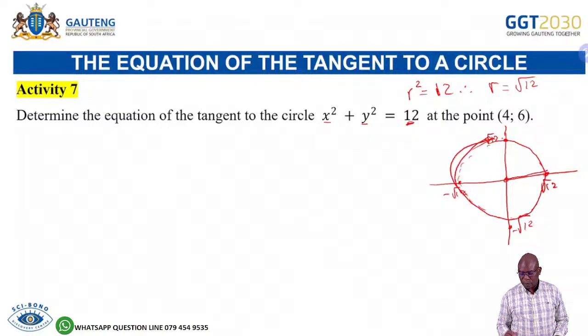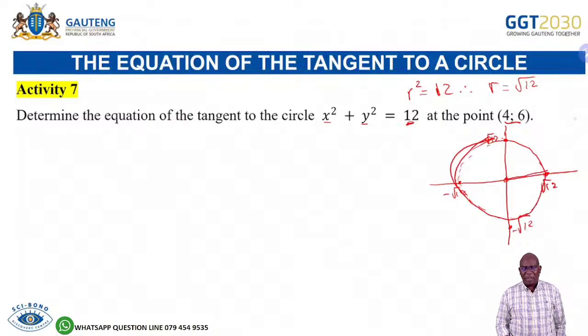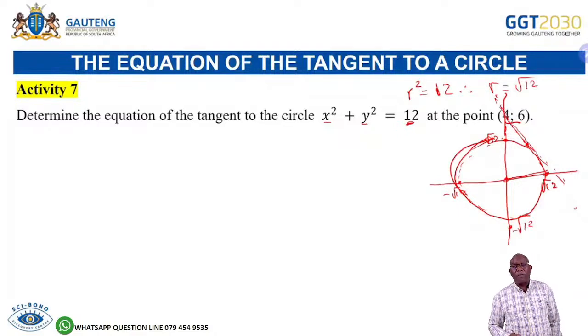Sorry about that. Right. Now I've got the point (4, 6). That will be somewhere around square root of 12, 3 point something, so just making an example here, I can have a point that touches the circle at the point (4, 6).